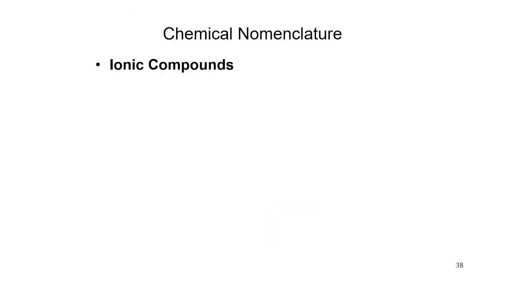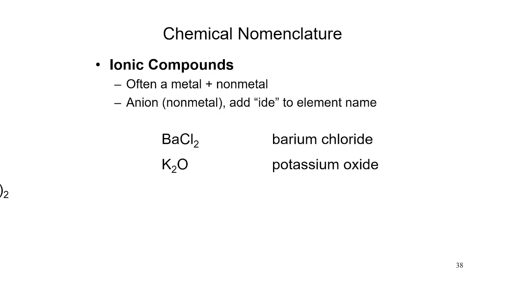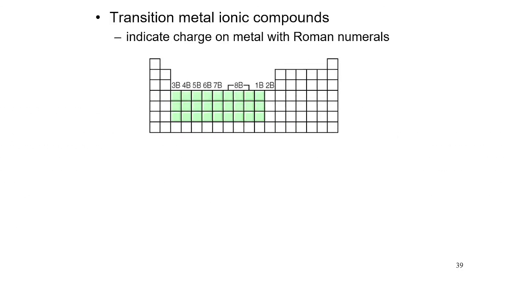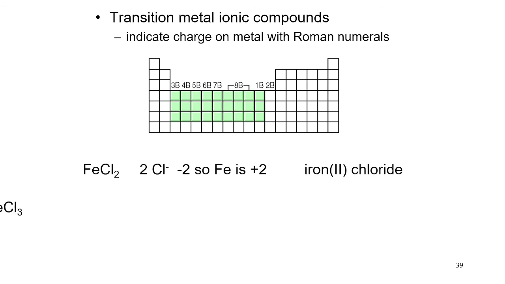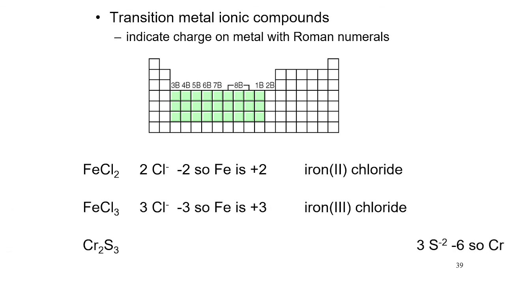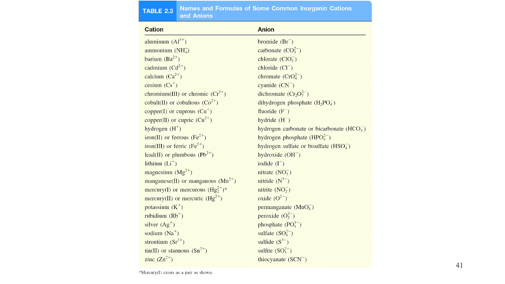Okay, so for the naming of ionic compounds, we will be discussing this later on in the course, maybe on Wednesday. So we will just continue on this discussion wherein we will be discussing how we go about this naming.